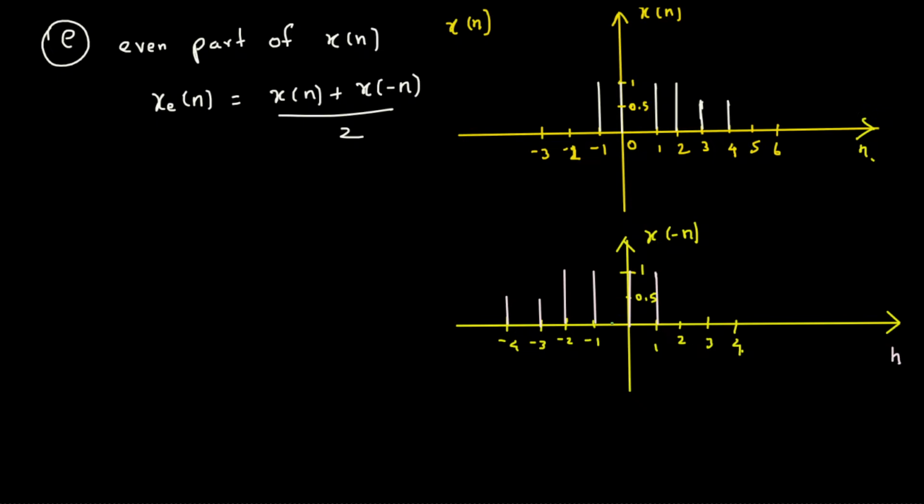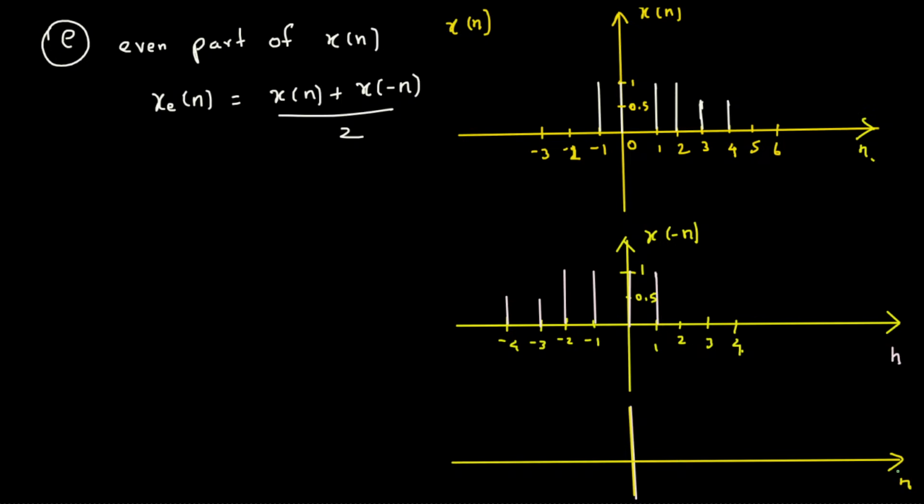Now what we have to do is add both of them and divide that by 2. If you draw the graph here, that will be more illustrative. I'll put the yellow color for the graph.